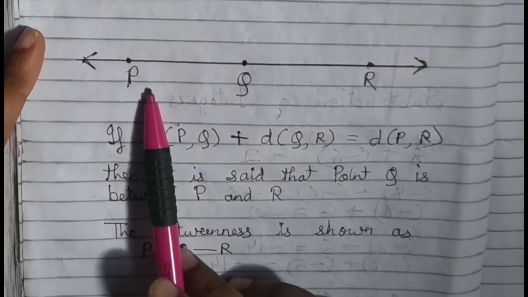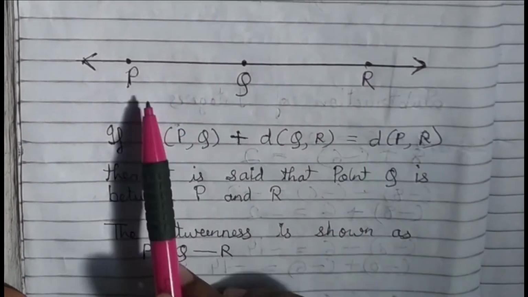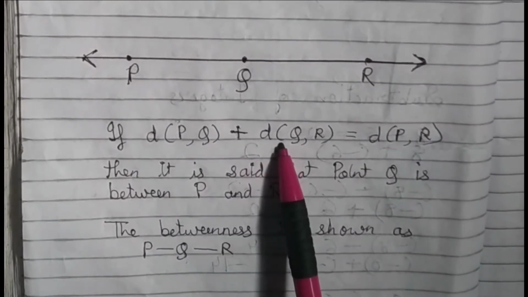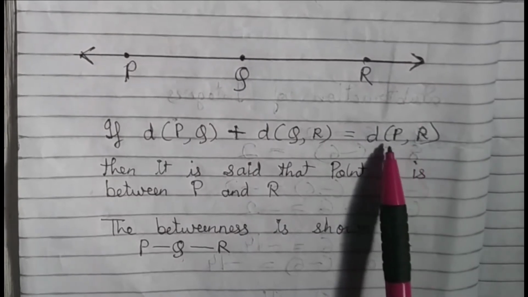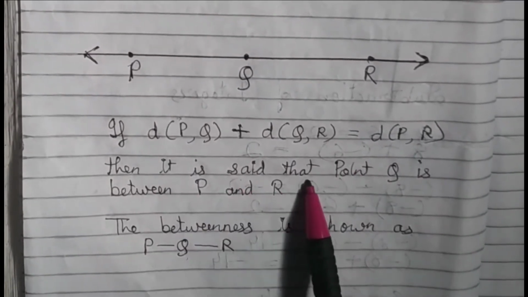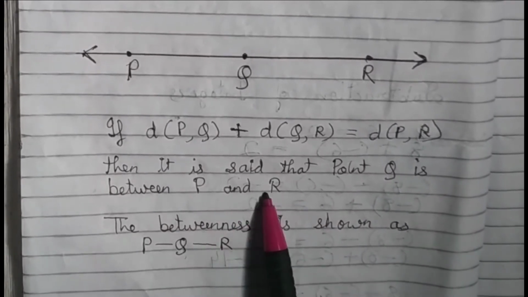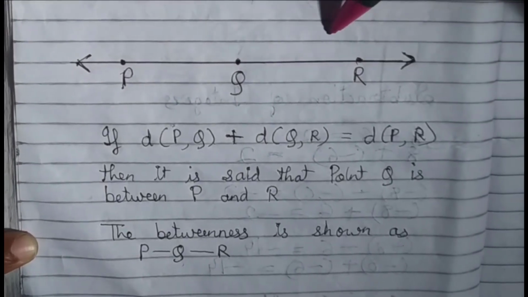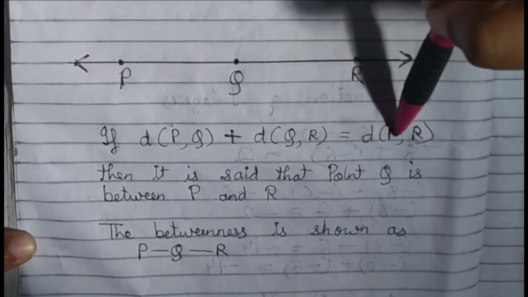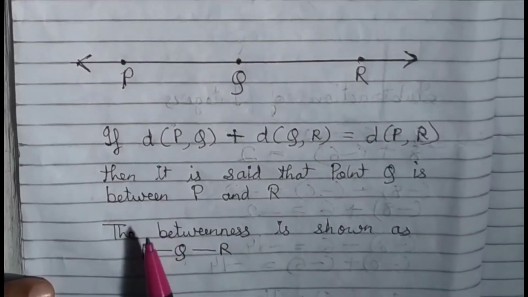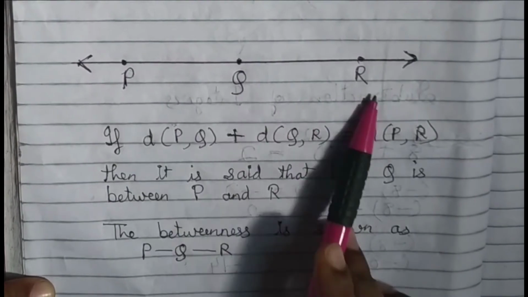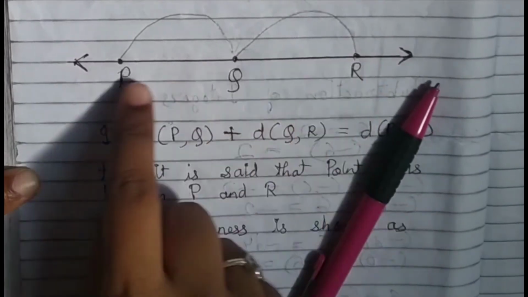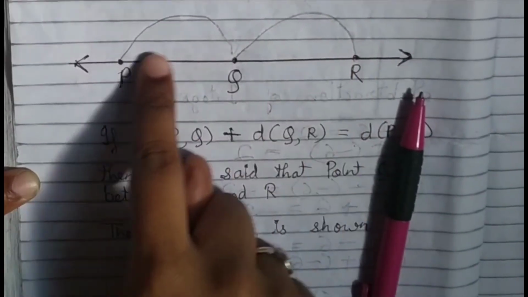See here, there are three collinear points P, Q, R. If distance PQ plus distance QR is equal to distance PR, then it is said that the point Q is between P and R. If we add both distances PQ and QR, that should be equal to the distance PR.